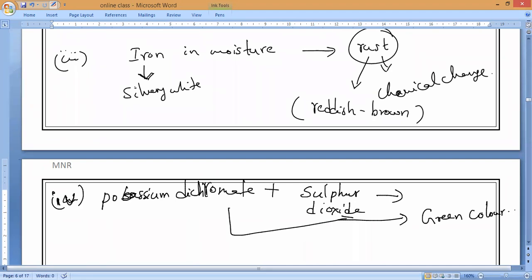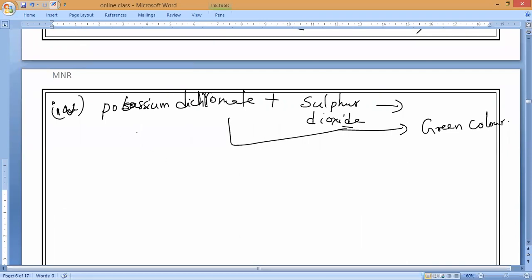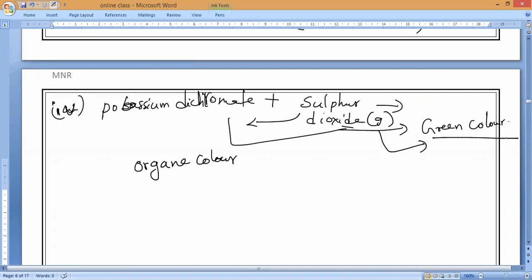So when sulfur dioxide gas is passed through potassium dichromate, the potassium dichromate color is orange. What is the potassium dichromate color? Orange. Now, if you add sulfur dioxide gas to the orange color, then it will turn into what? Potassium dichromate turns into which color? Green color.